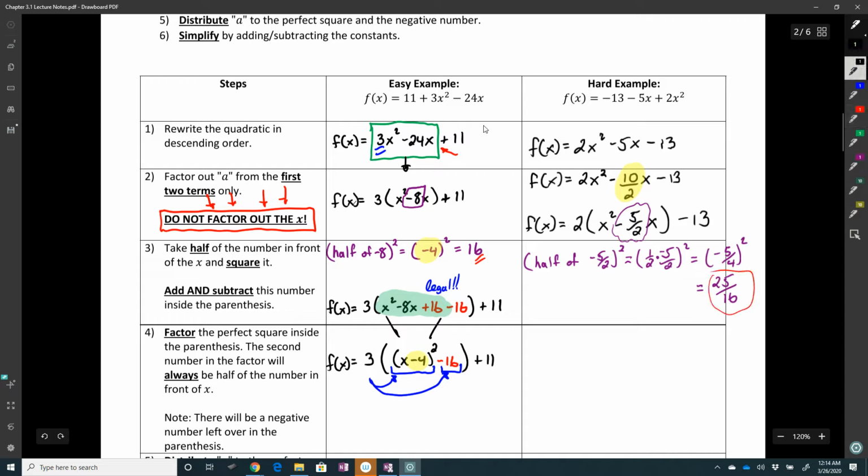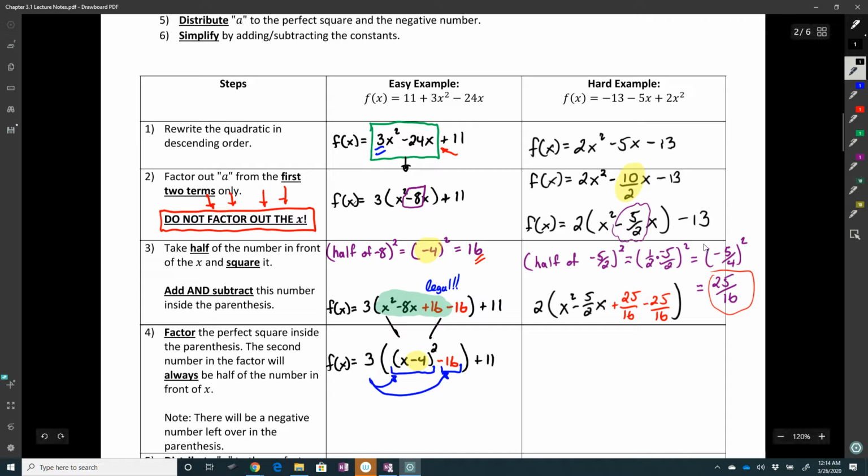So that means that I can rewrite my equation. I'm gonna skip the f of x because it's taking up space, but I get 2 parentheses x squared minus 5/2 x, and then that's the number that you add and subtract, plus 25 over 16 minus 25 over 16, and then I had the minus 13 at the end.